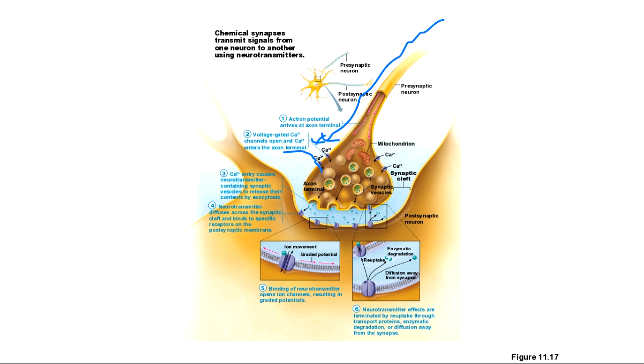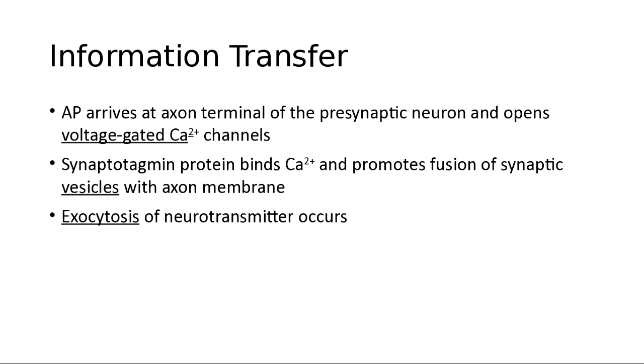Now, anytime calcium gets loose inside a cell, things change. And what happens in this case is these synaptic vesicles move up to the end and release their neurotransmitter into the synapse, by exocytosis of the neurotransmitter.